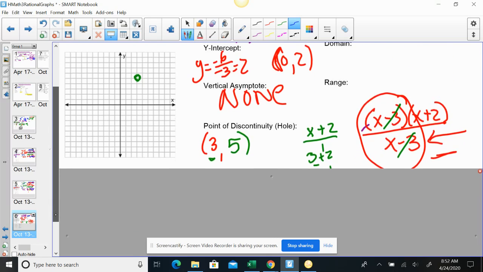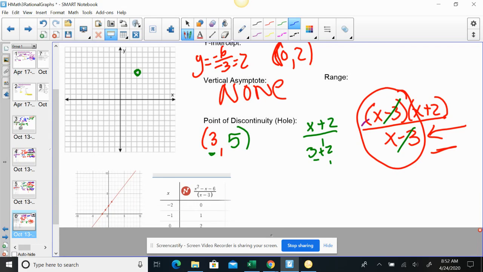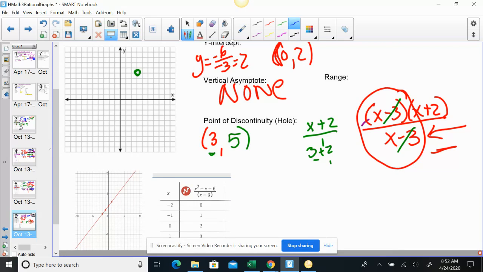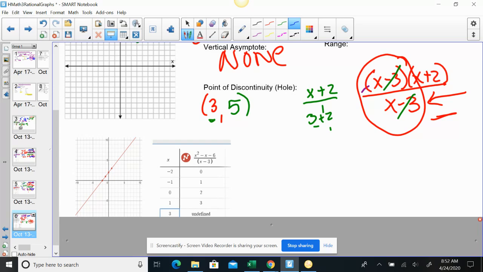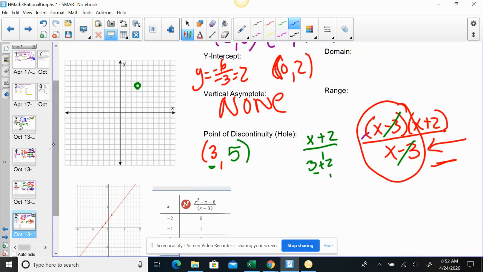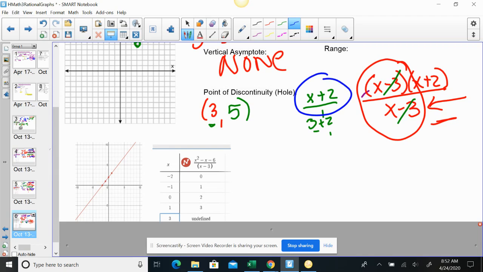If I look at my graph, it's very, very tricky here because it looks like a straight line. But if you carefully zoom in, if your calculator had enough pixels to show you this, you would see that at 3, it's undefined, or you can simply look at your table. So it looks like the linear function, which, no surprise, looks like y equals x plus 2.